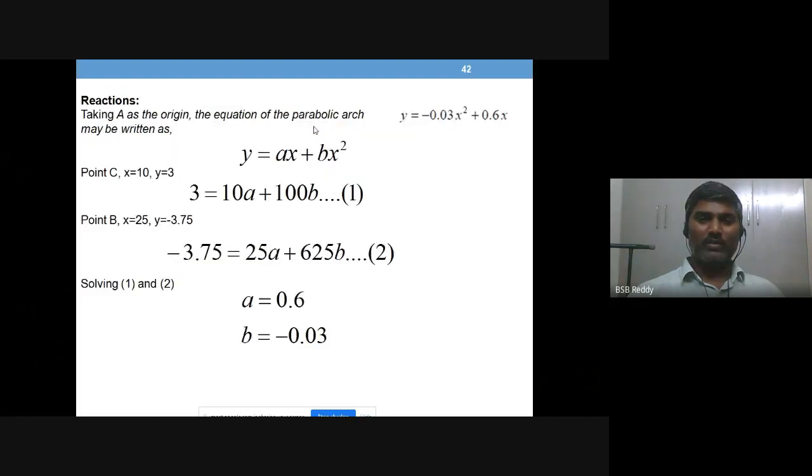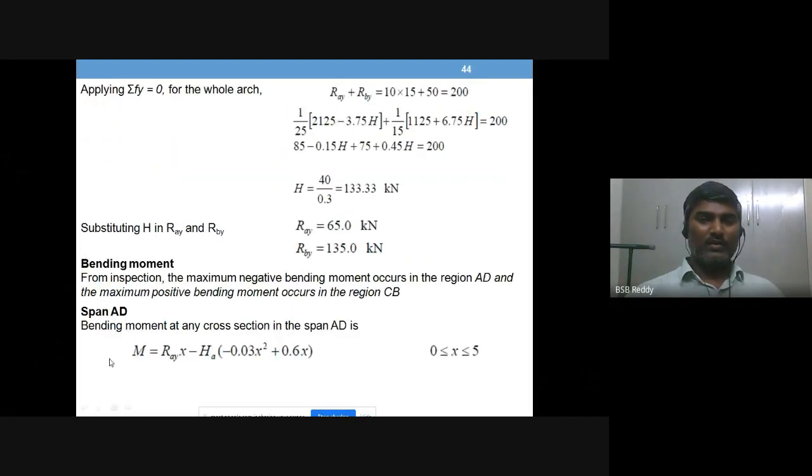We have got the support reaction values: reaction at A is 65 kilonewton, RAY and RBY values, and HA is equal to HB is equal to H, that is 133.33 kilonewton. Right, so these are the three values.